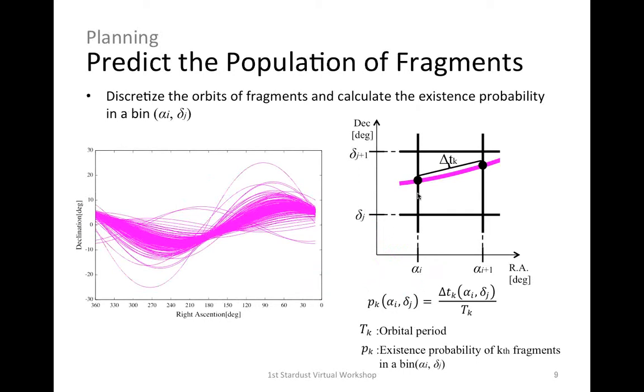Second, the orbits are discretized, and the existence probabilities of each orbit, pk, are calculated in each beam, alpha i and delta j, by dividing the staying time by the orbital period, tk.